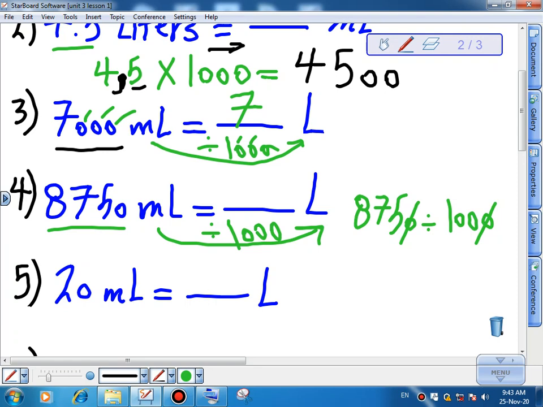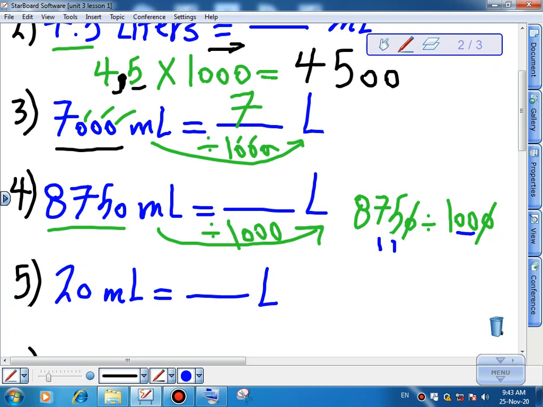I have 2 zeros like this, 1, 2. So I need to put the decimal point after 2 digits from the right side, not from the left side. Remember that. Division is the opposite of multiplication. In multiplication, we move the decimal point to the right, but here I put the decimal point from the right side.